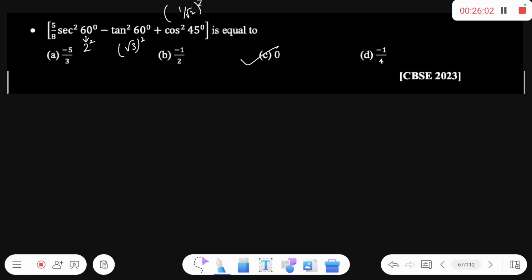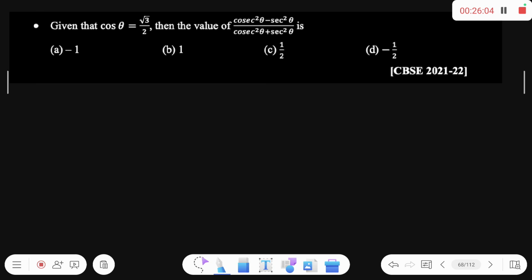And on solving, you get the answer 2. नेक्स्ट इज cos थीटा root 3 by 2. cos थीटा root 3 by 2 की वैल्यू होती है आपकी 30 डिग्री पे, तो थीटा की वैल्यू आपकी यहाँ पे 30 डिग्री आ गई. यू पुट दिस 30 हियर एंड सॉल्व, on solving, after putting cos 30 का स्क्वायर प्लस sec 30 का स्क्वायर डिवाइडेड बाय cos 30 का स्क्वायर प्लस sec 30 का स्क्वायर, your answer will come out 1 by 2.